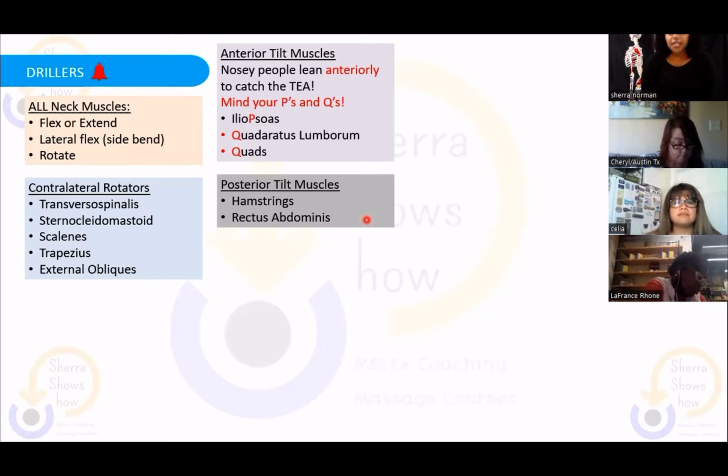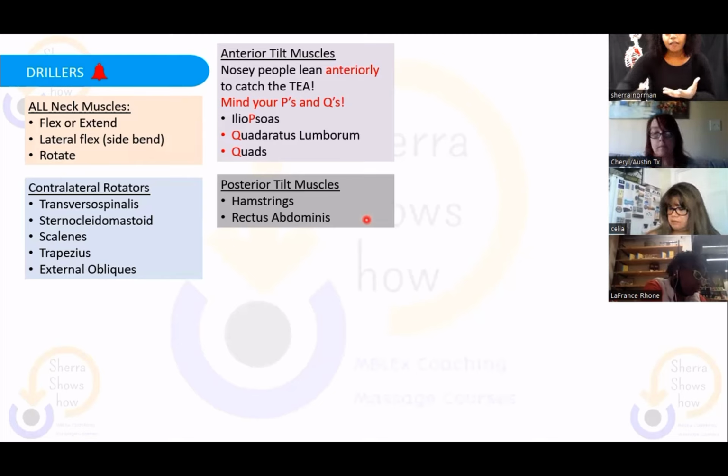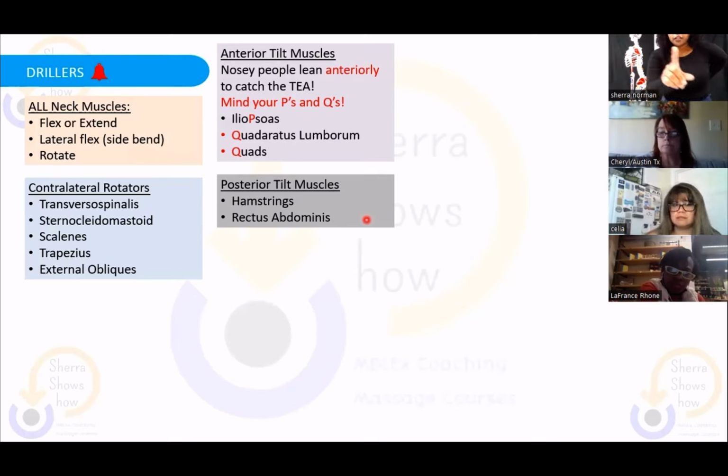And these muscles are opposite of each other. So if your client has an anterior tilt, that means the psoas, quads, and QL might be tight. At the same time, your hamstrings and rectus abdominis are going to be loose or overstretched. If you have a posterior tilt, that means the hamstrings and the rectus abdominis are tight, and your psoas, quads, and QL are going to be overstretched or loose.